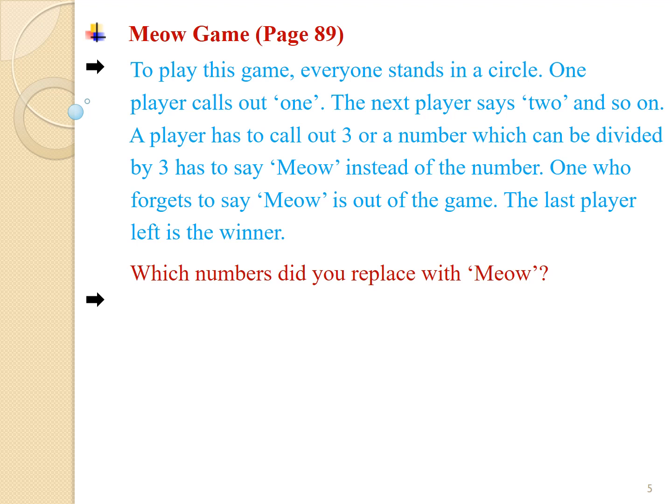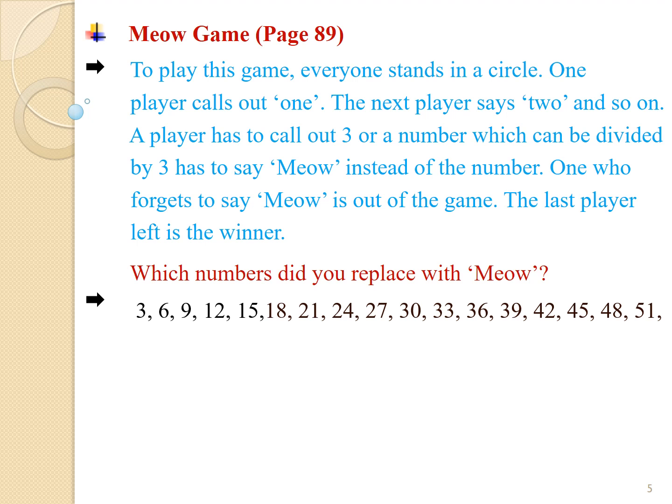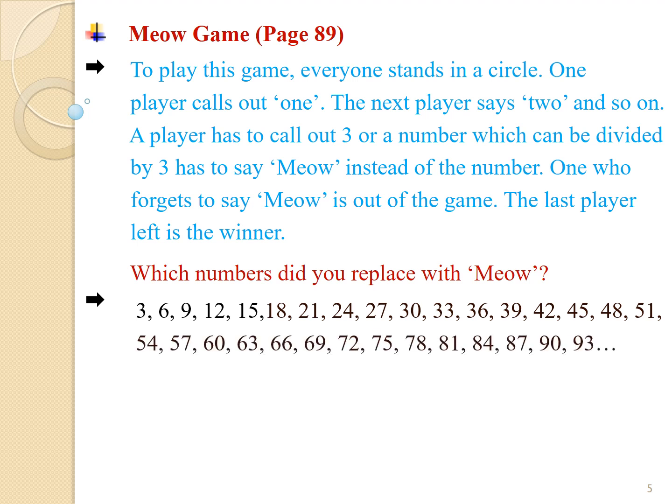Thus, the numbers which we replace with meow are 3, 6, 9, 12, 15, 18, 21, 24, 27, 30, 33, 36, 39, 42, 45, 48, 51, 54, 57, 60, 63, 66, 69, 72, 75, 78, 81, 84, 87, 90, 93, and so on.